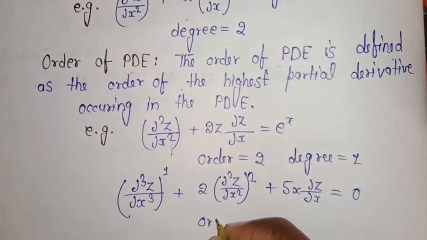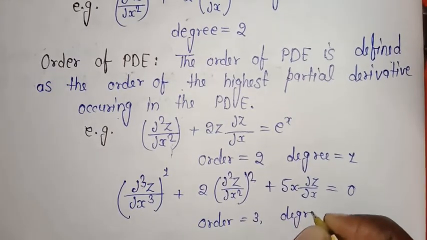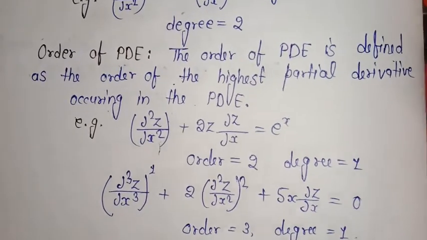So the order of this differential equation is 3 and the degree is 1 because the exponent of the highest order derivative is 1. So I hope you understand the concept of order and degree.